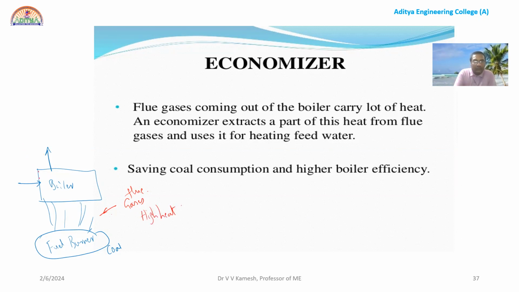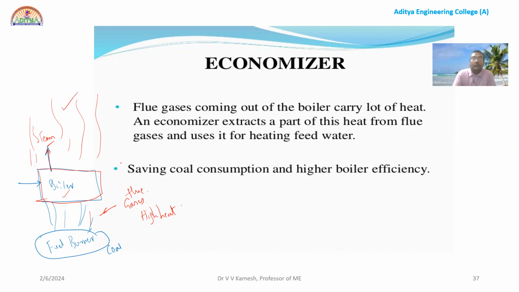After the boiler water is heated and steam is generated, some of the heat will be transferred to the boiler, but these gases will contain more energy and they will flow out to the air. So some of the heat will be wasted through the flue gases.